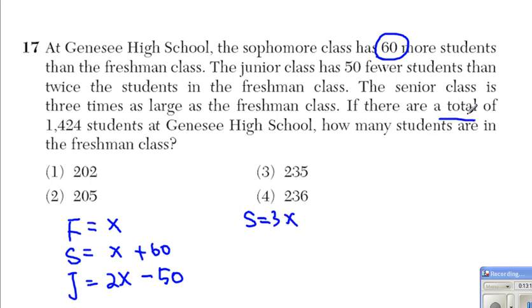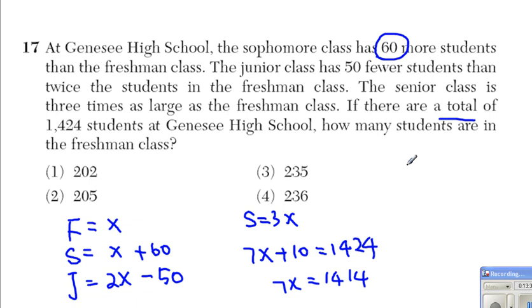Now they're in total. In other words, we have to add up everything. Then we end up getting 7x. The total is 7x plus 10 becomes 1424. By subtracting 10, we realize 7x becomes 1414.